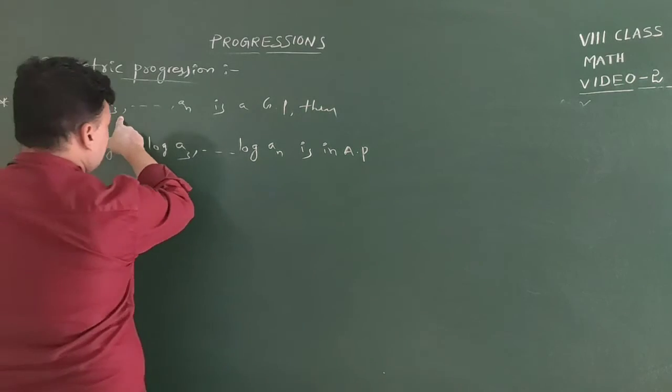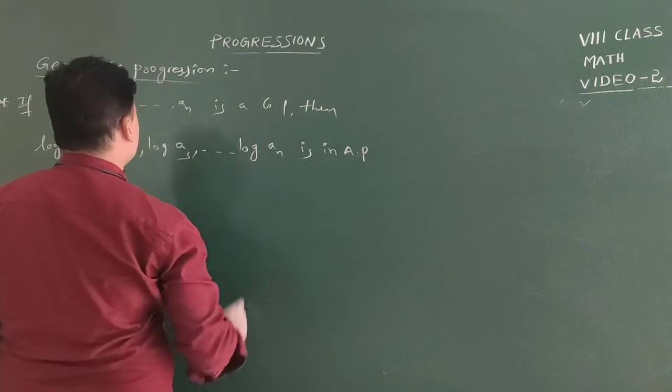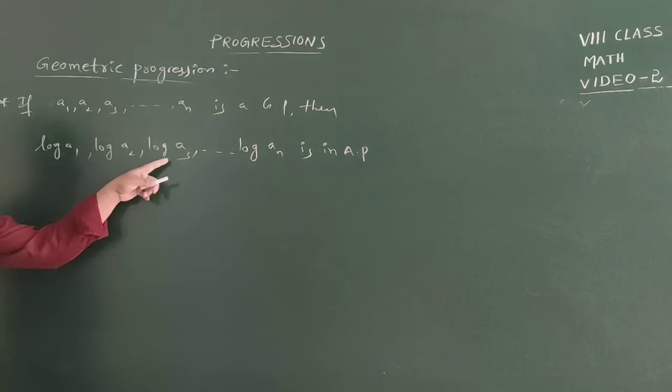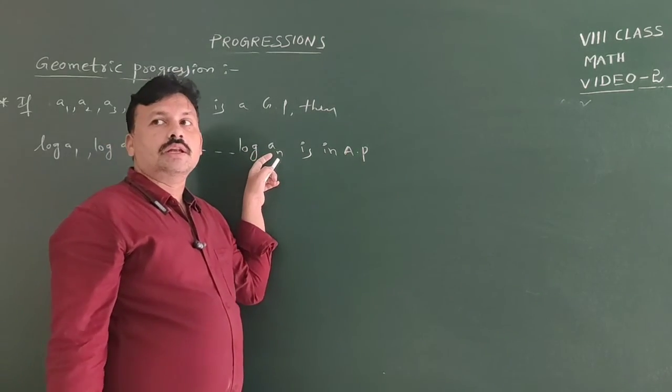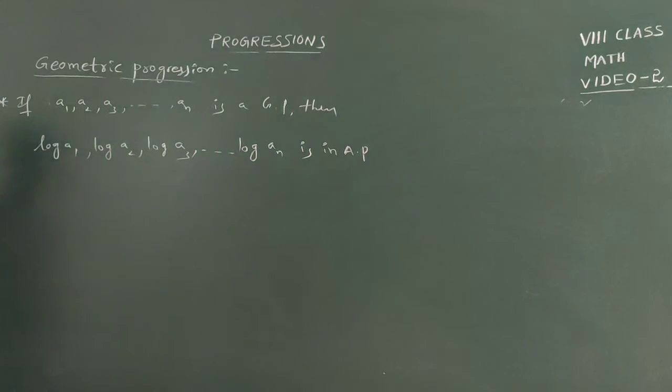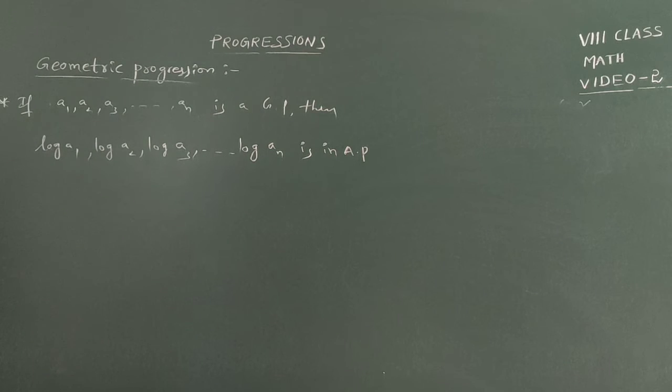Vice versa conditions also hold: if log A1, log A2, log A3, and so on, log An are in AP, then the original sequence is in GP.